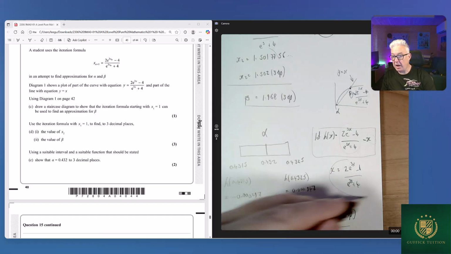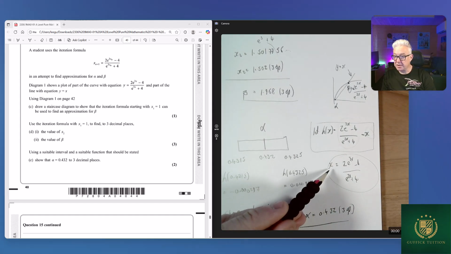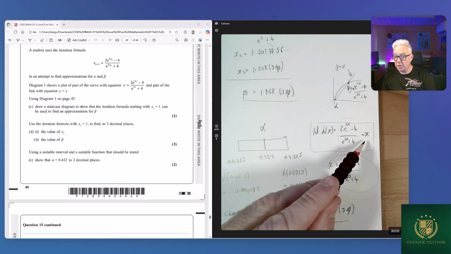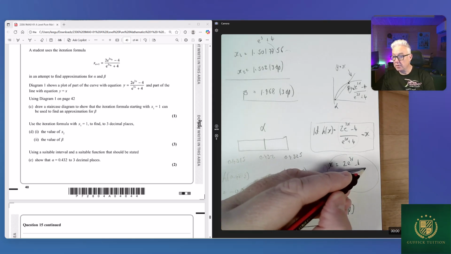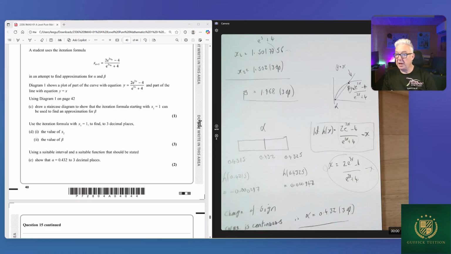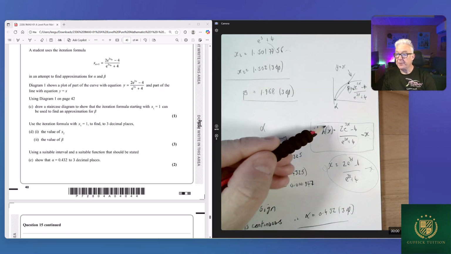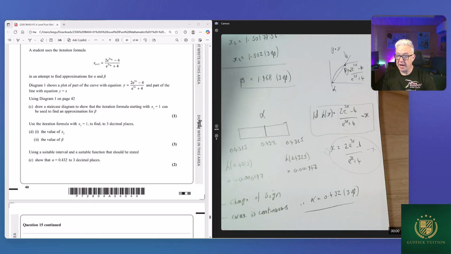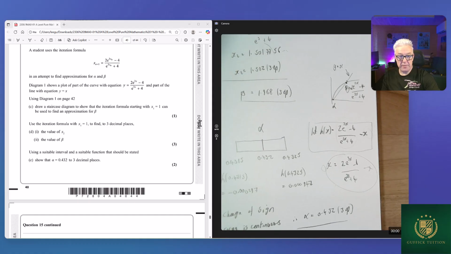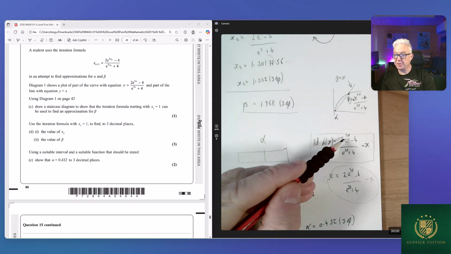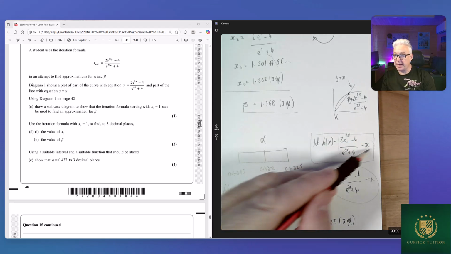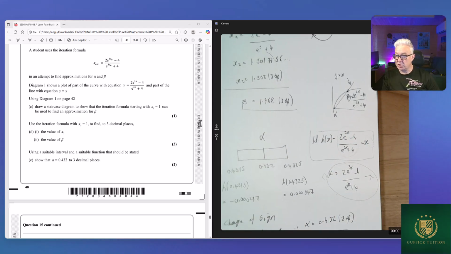Okay, so alpha and beta are solutions to that. So if you take x over to one side, then you've basically got that equation is equal to 0. Okay, so we're going to be looking for a change of sign in this function that I've called h of x. So when it says a function that should be stated, you're going to say that h of x equals that, take away that, because that's going to equal 0, and we're going to look for a change of sign.